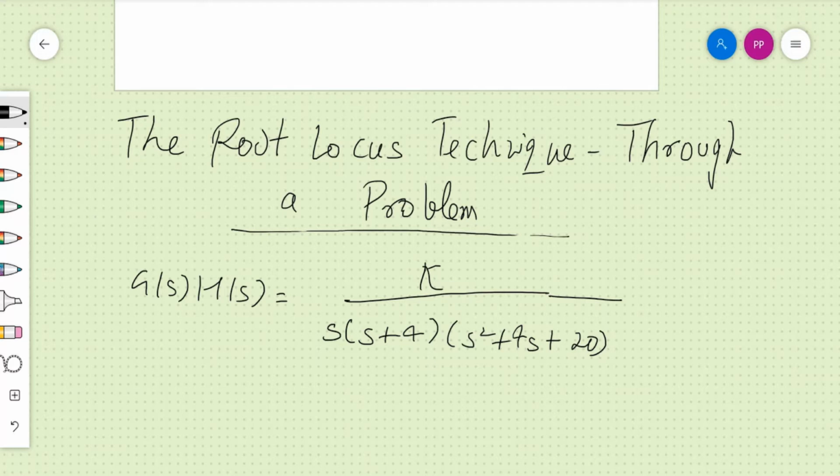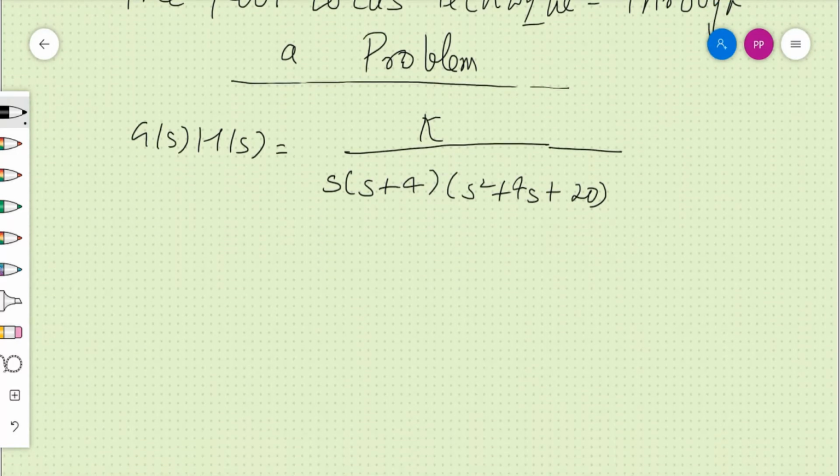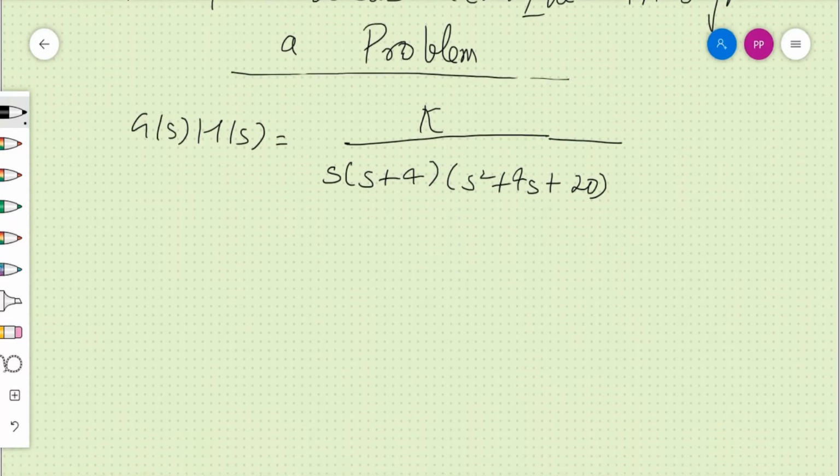As we take the open loop system, let us find out the open loop poles and zeros.